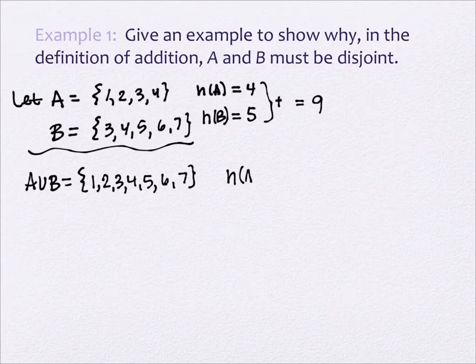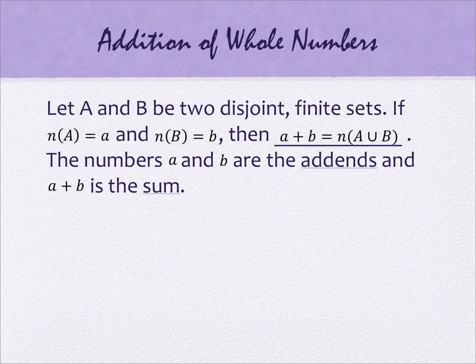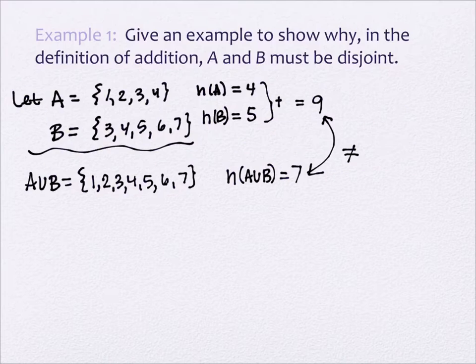The number of items in the union is 7, and what you notice is that these two numbers are not the same. The definition says that a plus b should be the number of items in the union, and we see that it fails. The reason is because the sets weren't disjoint. There was an overlap.